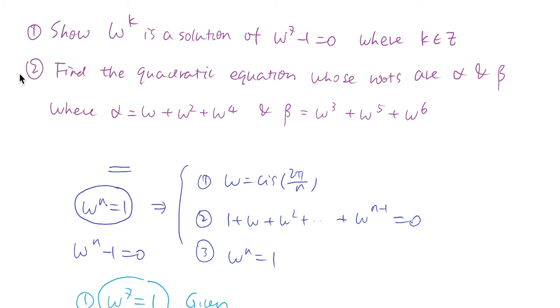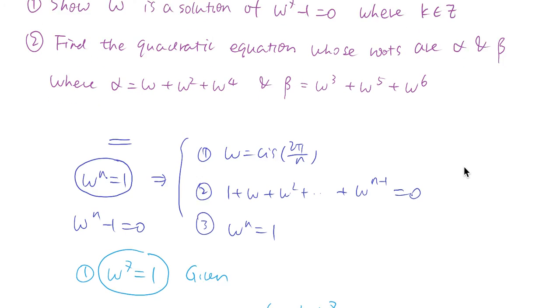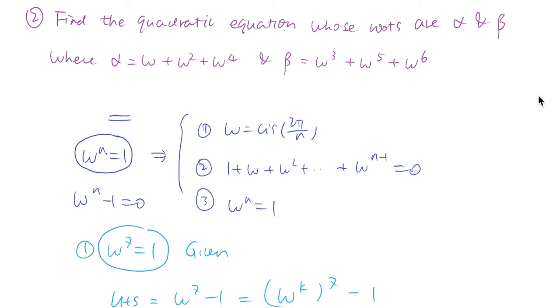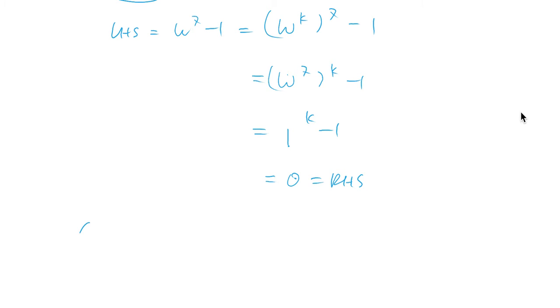Then the second part asks you to find the quadratic equation. You have the roots alpha and beta. If you have a quadratic equation whose roots are alpha and beta, the general equation, not the general solution, will just be a times x squared minus alpha plus beta x plus alpha beta equals 0.